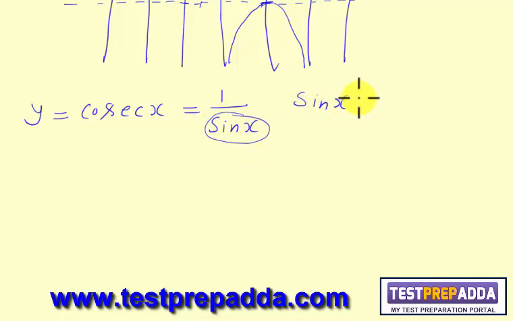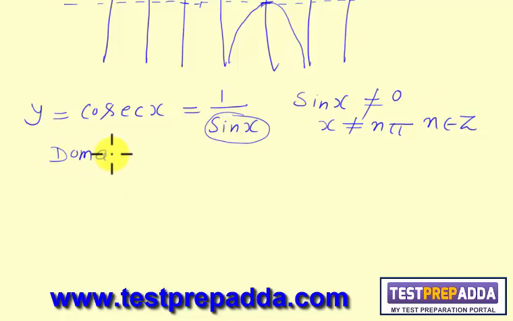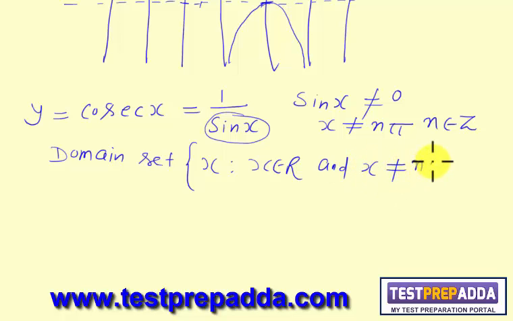So here y will not be defined whenever sin x is 0, means x equals n pi, where n belongs to integers. Got the idea? So, what domain we can write here? Set of x. x belongs to R and x should not be equal to n pi, where n belongs to integers.